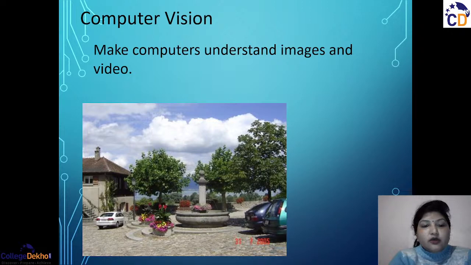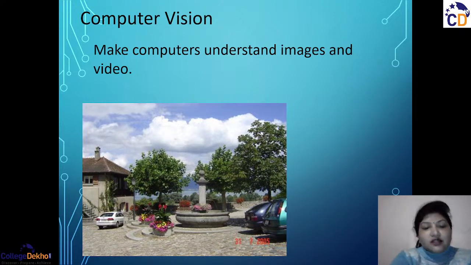The machine is going to identify that there are some trees, some cars, some flowers, some houses, a chimney, some stairs. So this is how we segregate the different objects in an image, and the input to computer vision would be images and videos, right? So what type of data is computer vision going to take? That is images and videos, right?